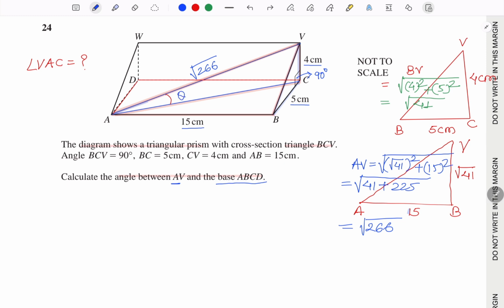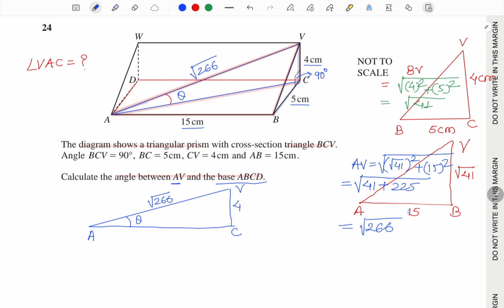Let me draw that triangle here. So this is A, this will be C, and this is V. We need to find this angle. Let's call it theta. This one is root under 266. This is 4. So let's see how we can do this.